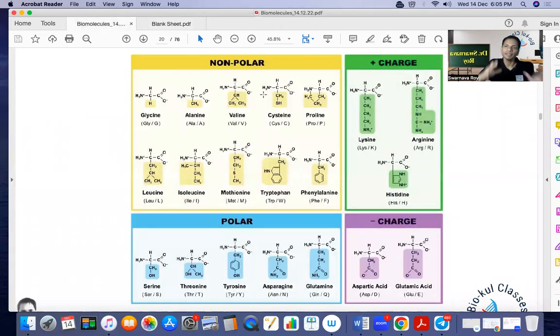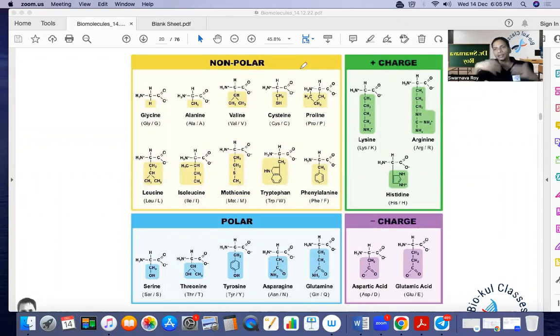As you can see, we can classify the amino acids into 4 different categories. We have non-polar. Non-polar means it has no affinity, no attraction for water molecules. Hydrophobic, so non-polar amino acids.